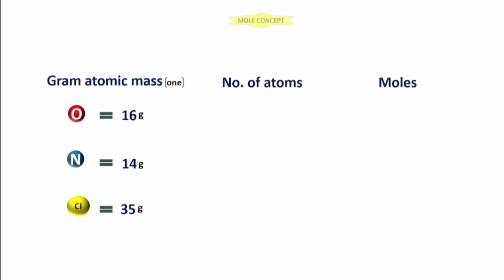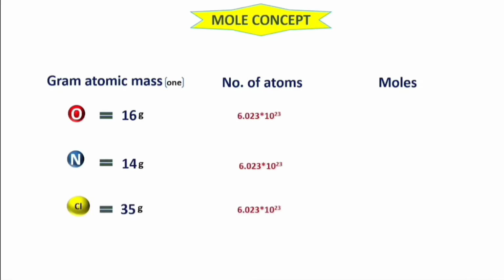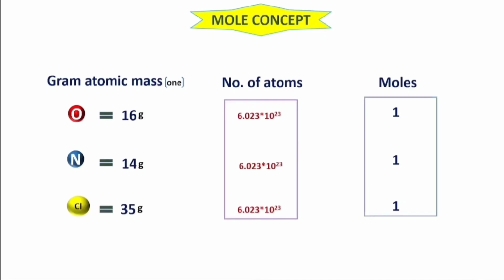Let me say you how 1 gram atomic or 1 gram molecular mass is related to moles. 1 gram atom of any element holds 6.023 into 10 raised to the power 23 atoms. The mass of elements which hold this number of atoms is called 1 mole.